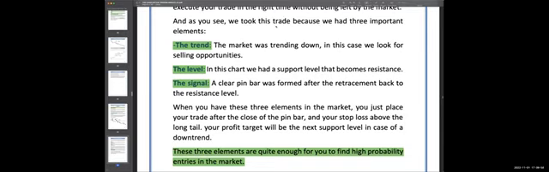Trading, of course, is not easy, but it can be simplified just by looking at these things. You want to look at your trend. Are you going up? Are you coming down? Are you sideways? Or are you choppy? You want to look for your levels, support and resistance, or the moving average. And you want to get the candlestick, which is your signal, pin bar, or whatever other candlestick from the ones we learned.